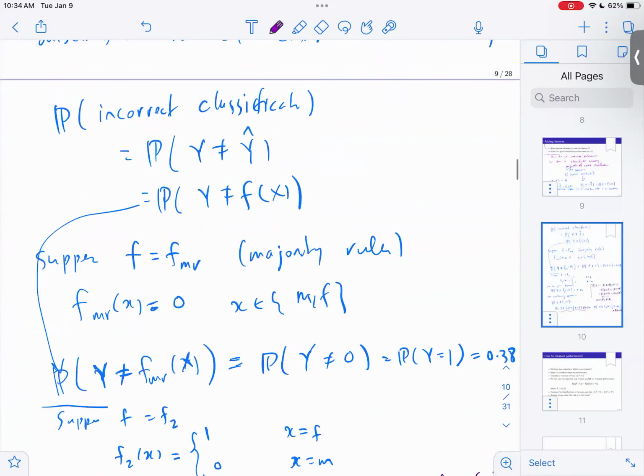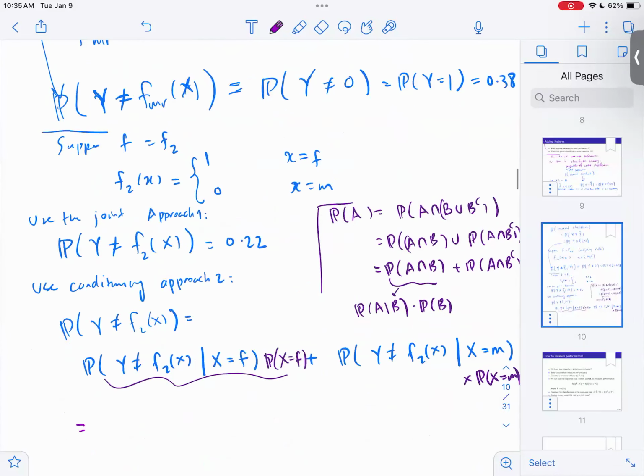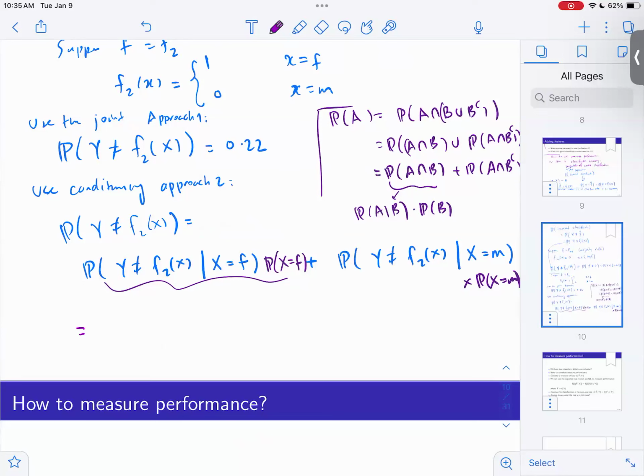So 0.36, I believe, and 0.64. Yeah. So how do we calculate this piece?